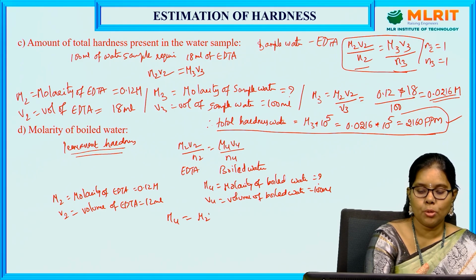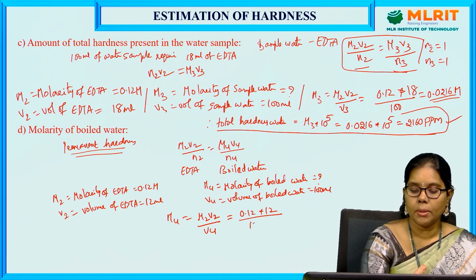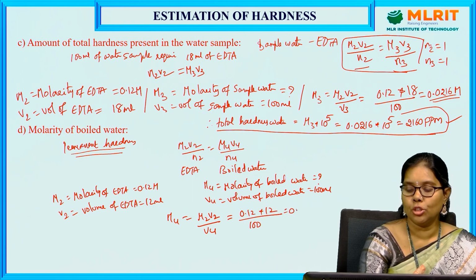M4 is equal to M2V2 by V4, which is M2 value 0.12 into 12 ml, whole divided by 100, which gives 0.0144 molarity. This is the molarity of boiled sample water.